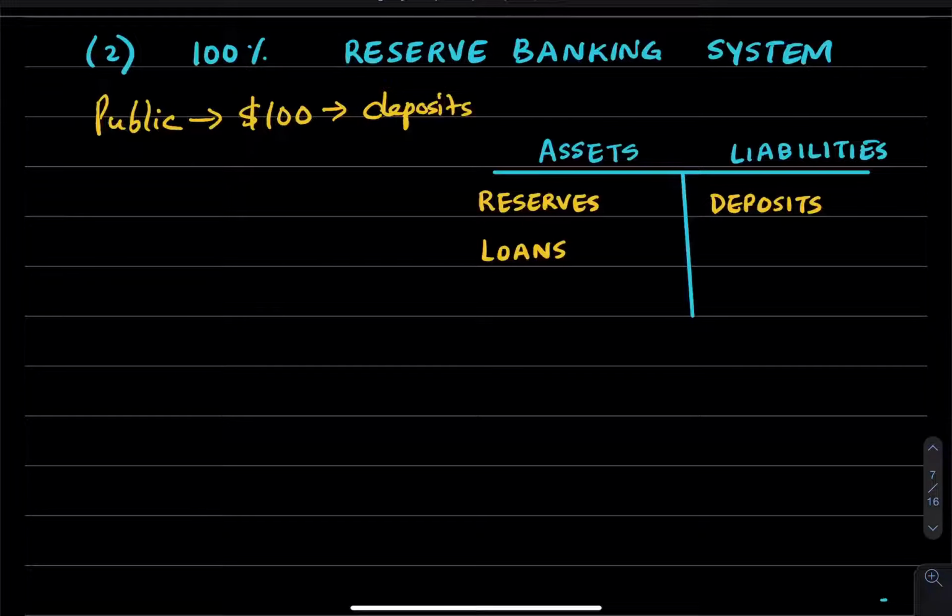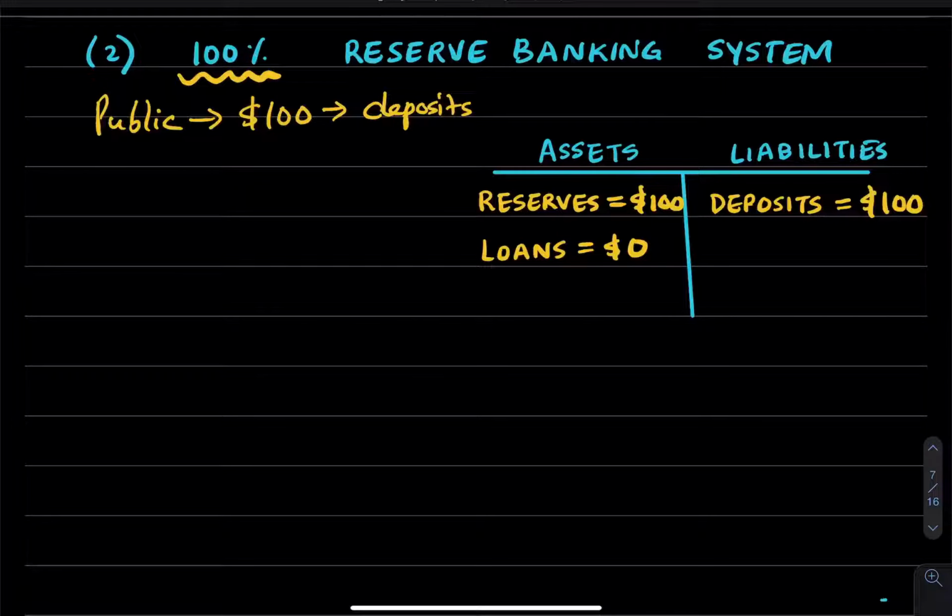Okay, so $100 is deposited in the bank. So $100 would appear on the liability side in the T account of the bank. Then 100% of those deposits have to be held as reserves. So what do we have to loan out now? Nothing. We don't get any money that's available to be loaned out.